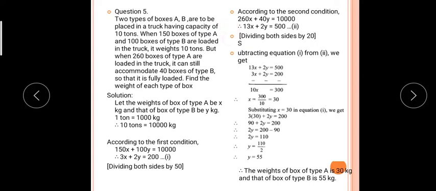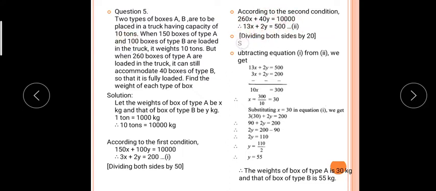And therefore, according to the second condition, 260x plus 40y is equal to 10,000, because the capacity of the truck is 10 tons. Don't forget this.